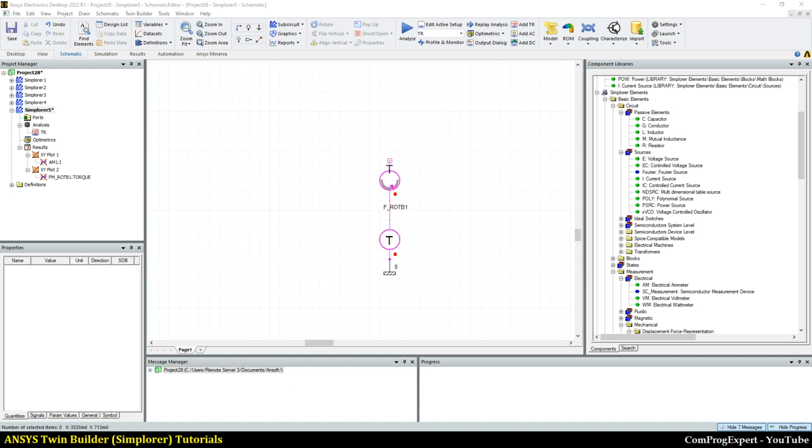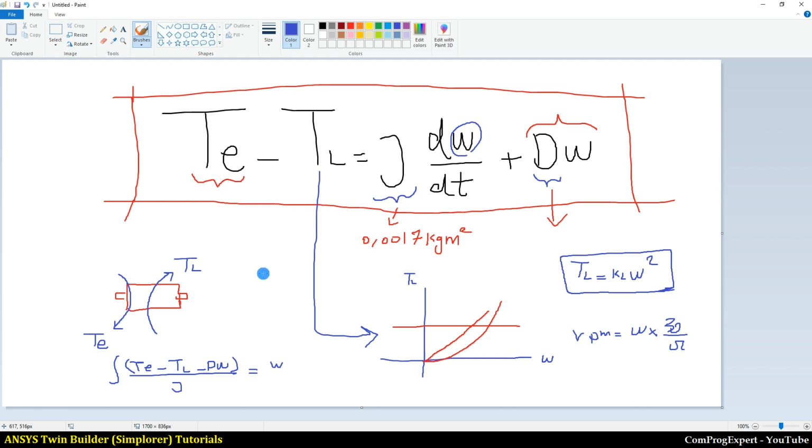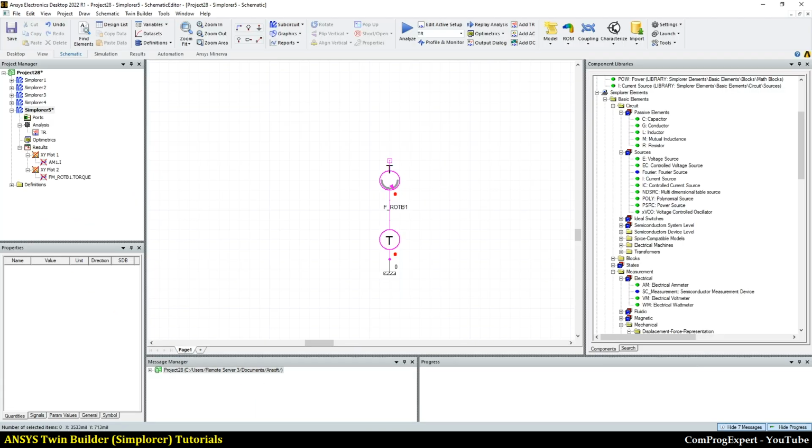Now I want to generate this side. Actually, we have electric torque minus the mechanical torque minus the friction torque is equal to J d omega dt. So first we should construct this summation.